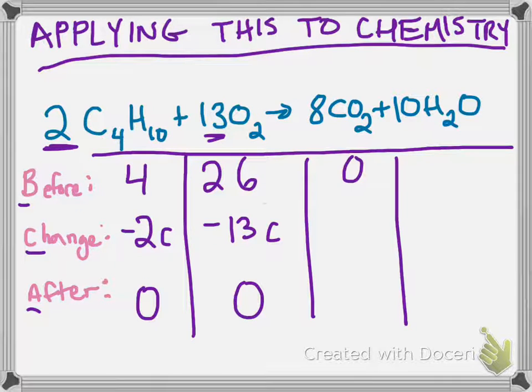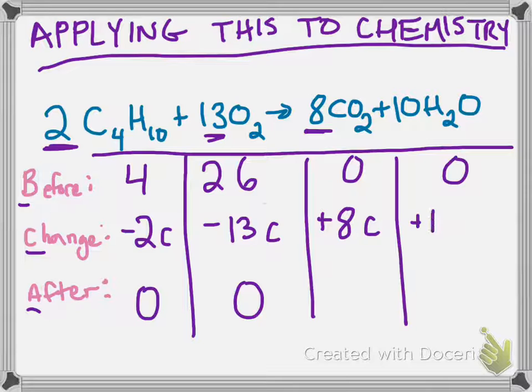I start with 0 of each of my products because nothing has reacted yet, and I am producing them, so it's going to be a positive change. And so my first change is going to be a positive 8C, because this is the mole ratio. That 8 comes from the mole ratio, and so that's how it's changing.